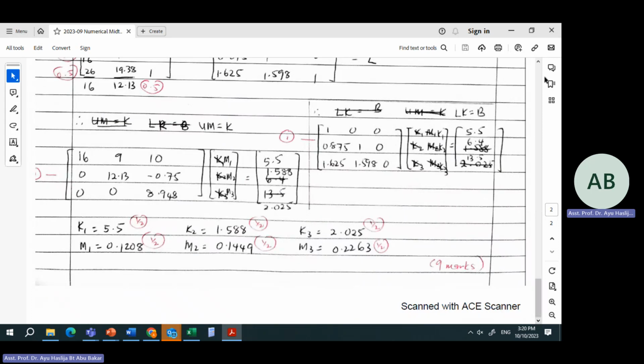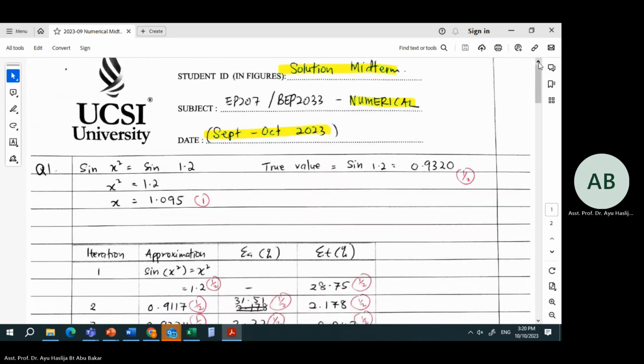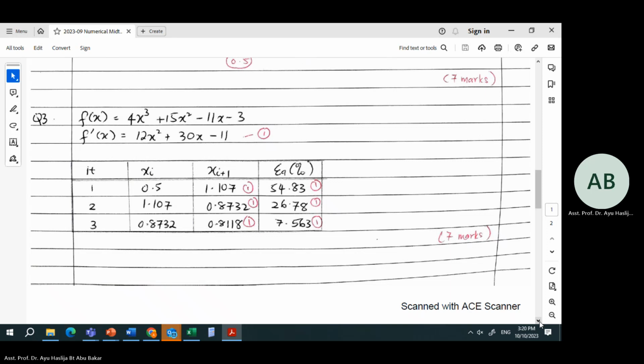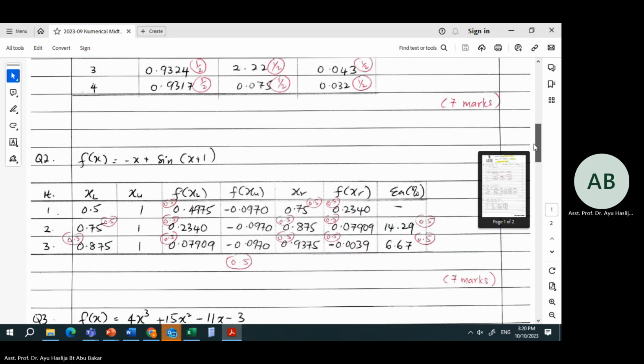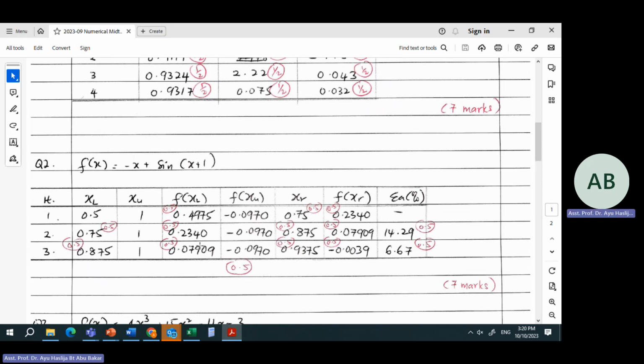Now for question 2. Most of you got it correct, only some simple mistakes. Someone left out the negative. Someone left out the 10 power of negative 2 or 3. You have the value, but you missed out the 10 power of something.